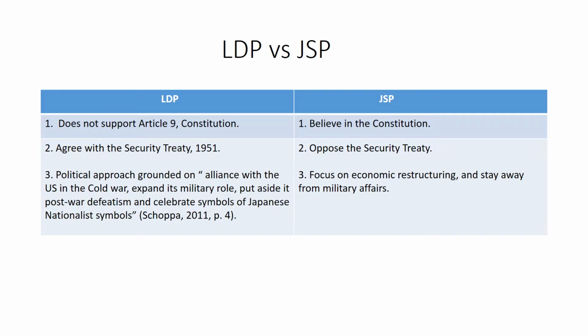The Liberal Democratic Party was against the Constitution while supporting the Security Treaty, simply because it saw Japan as a nation that can regain its political stand through rearmament. It can showcase Japanese values and still be a good friend to the US.